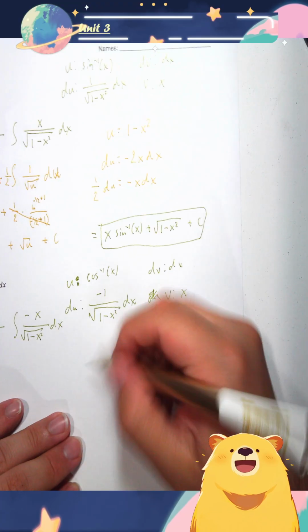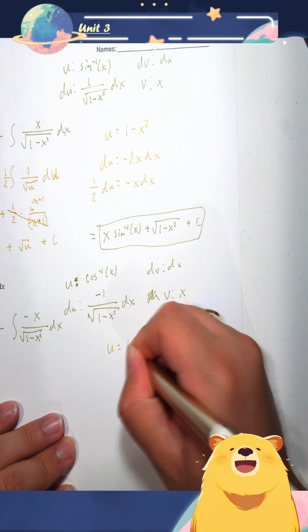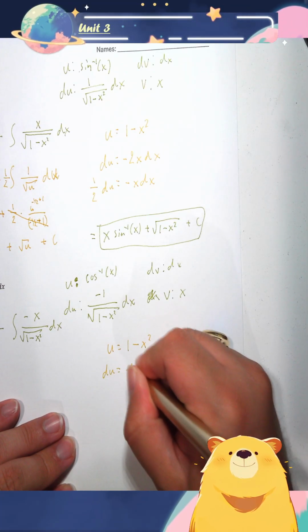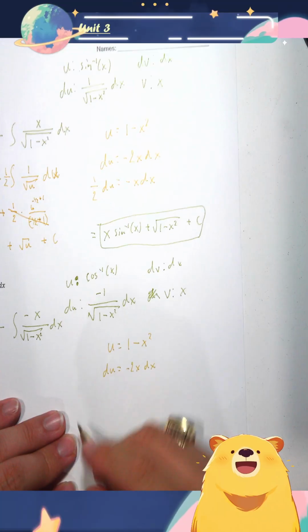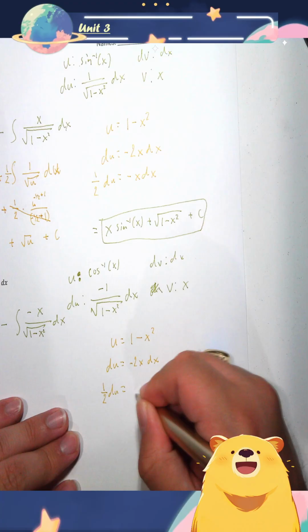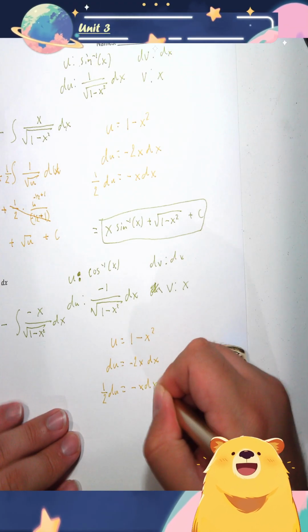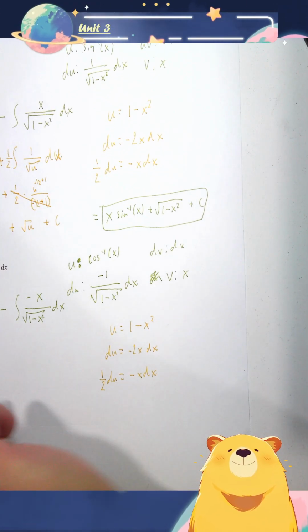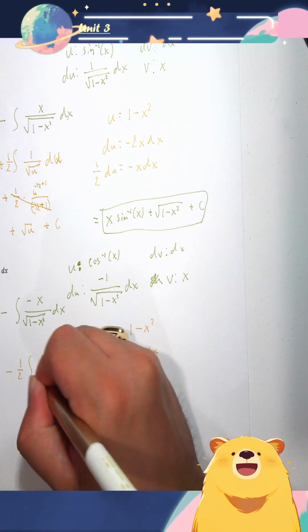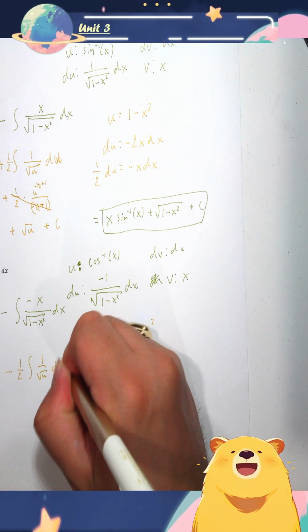We're going to do actually the exact same substitution as before. The only difference is that we now have a double negative situation, but it shouldn't change anything drastically. We have a negative 1/2 integral of 1 over square root of u du.